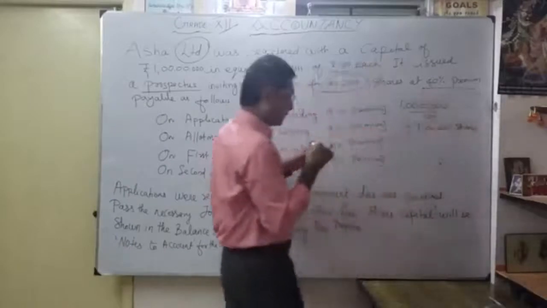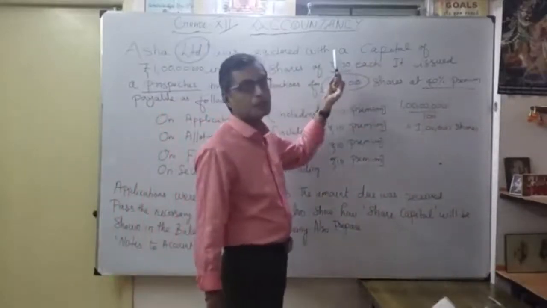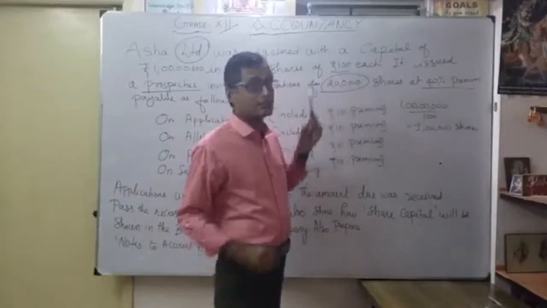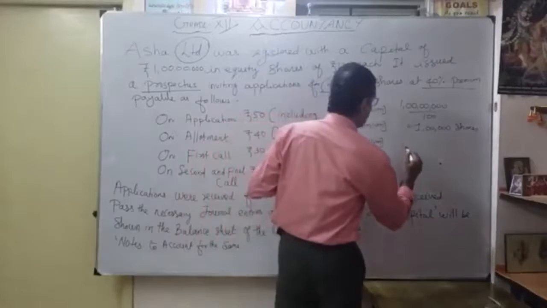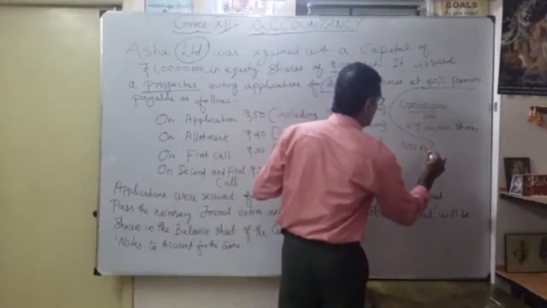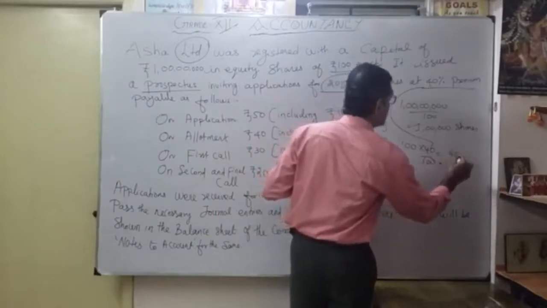What is the meaning of 40% premium? This 100 is the nominal face value of the share. So what is 40% of 100? 100 into 40 by 100 gives 40 rupees extra.